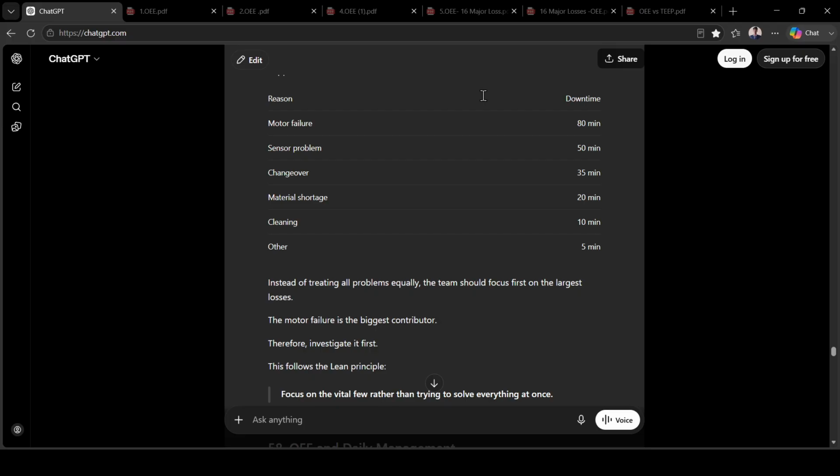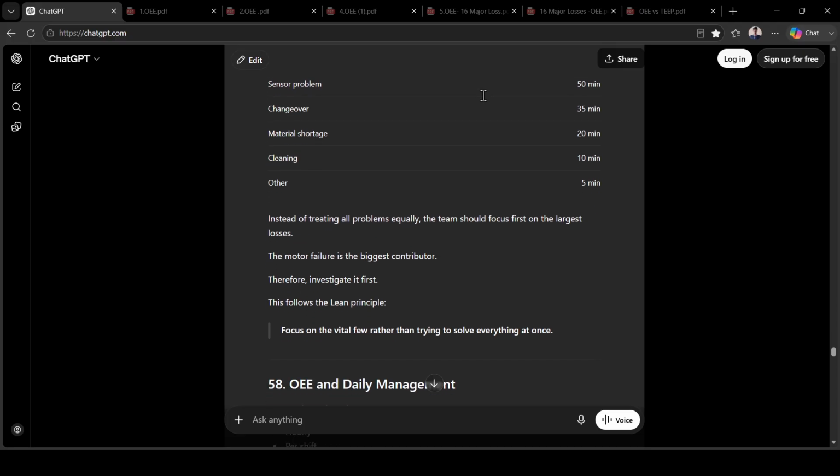So instead of treating all problems equally, the team should focus first on the largest losses. The motor failure is the biggest contributor. Therefore, investigate it first. This follows the lean principle: focus on the vital few rather than trying to solve everything at once.